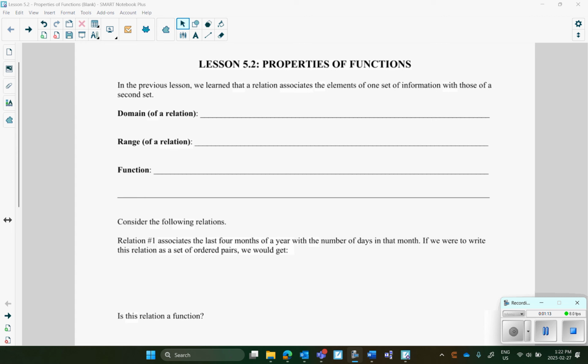Some other terms about relations. Something called the domain. We're going to hear a lot of these two words this year and the next 2 years.